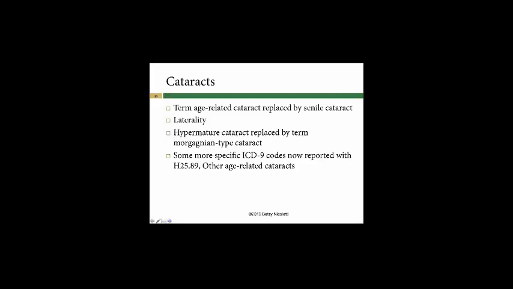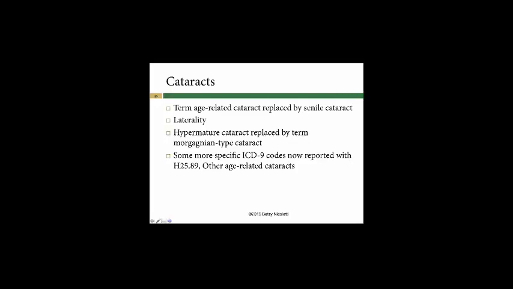So one change that we have in ICD-10 is the term change. Age-related cataract is replaced by senile cataract, laterality. Hypermature cataract, that term is replaced by Morgagnian-type cataract. And then in ICD-9, we have some specific codes that become less specific in ICD-10.